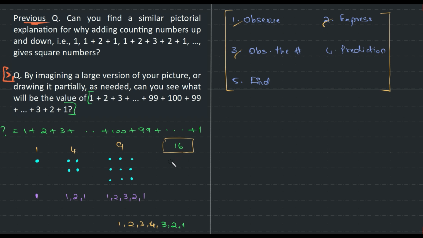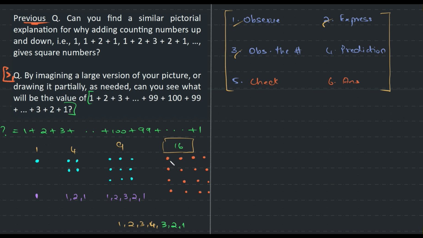We'll check. So predict. Actually, there's one more step: check. And then you can find the answer. So let me do that. 1 plus 2 plus 3 plus 4 and then 3 again and then 2 and then 1, right?